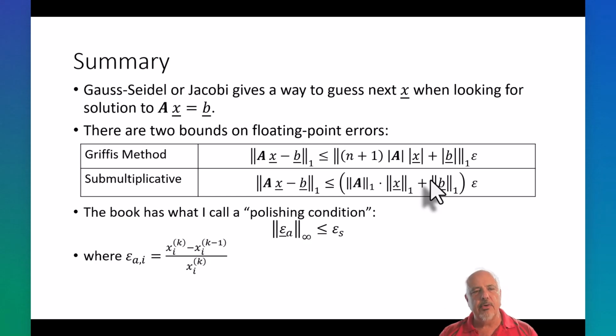So there's two bounds on floating point errors. And then, of course, we have our polishing condition that says that the max relative change of any of the x variables is less than or equal to the stopping criteria. So that sets the theory for Gauss-Seidel and Jacobi.